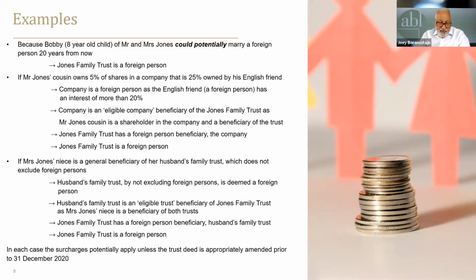If Mrs. Jones' niece is a general beneficiary of her husband's family trust, a different trust altogether, which does not include the foreign person exclusion, then the husband's family trust, by not excluding foreign persons, is deemed to be a foreign person.